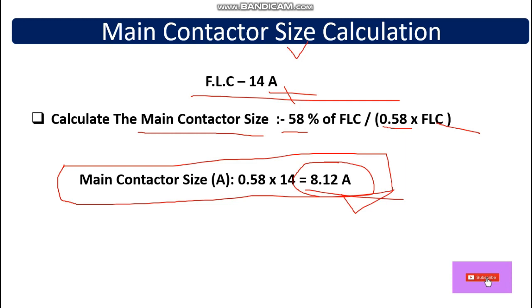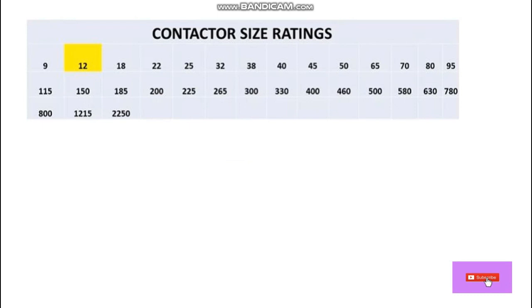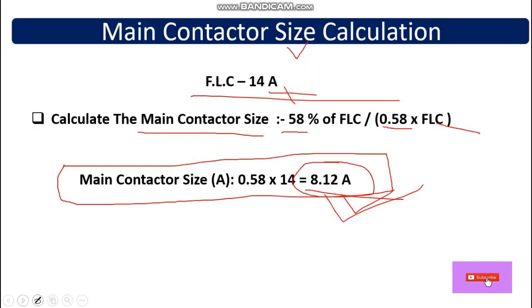So what we have to do, we have to look into the contactor size selection chart, whether it is available in the market or not. These are the ratings which are available in the market: 9, 12, 18, 22, like so. Our value is how much? 8.12.